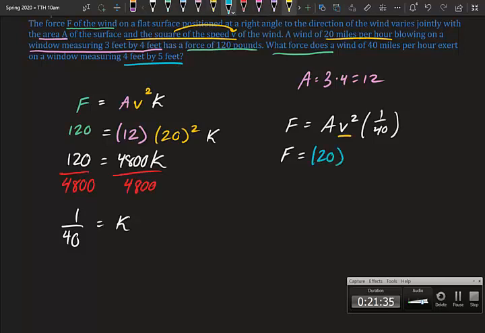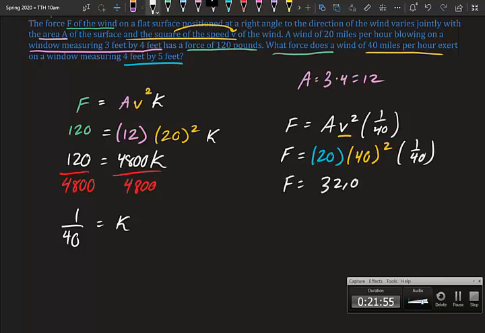The speed now is 40 miles an hour. Use your calculator. 40 squared times 20 is 32,000. And 32,000 divided by 40 is 800.